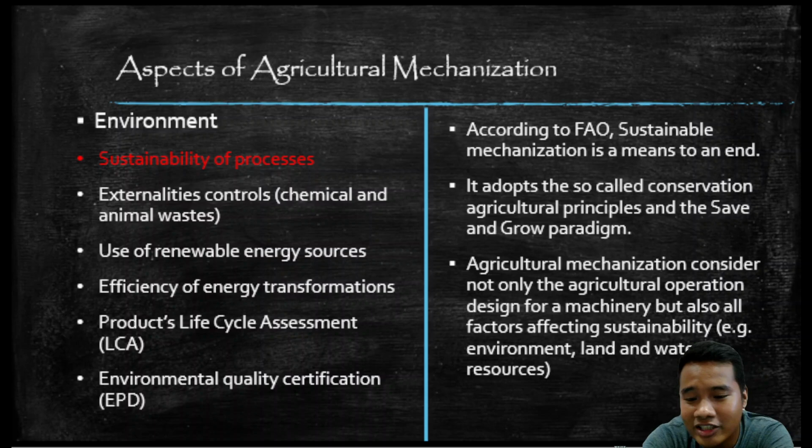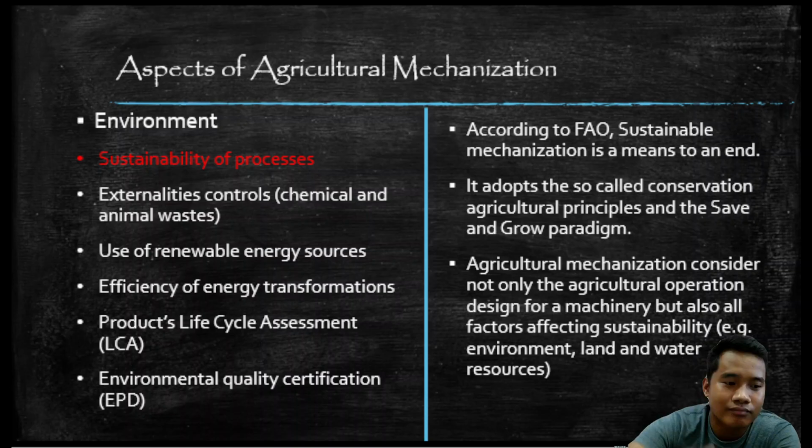Agricultural mechanization considers not only the agricultural operations designed for machinery, but also all factors affecting sustainability. For example, environment, land and water resources. Okay, I'll give you an example. There is a design of pump that needed to pump more water from groundwater.